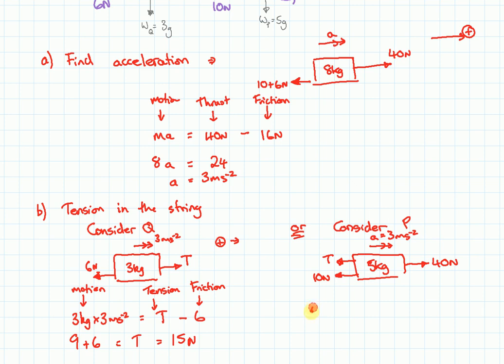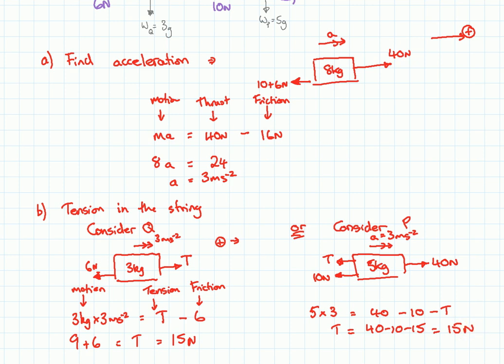So I've now got 5 times 3, that's my equation of motion, is equal to 40 newtons in the direction of travel, minus 10 newtons, and minus my tension. So if I rearrange this, I've got T equals 40 minus 10 minus 15. 40 minus 10, sorry, my arithmetic was just messing up with me. 30 minus 15 is 15 newtons.